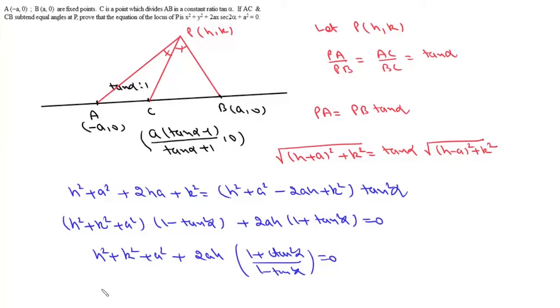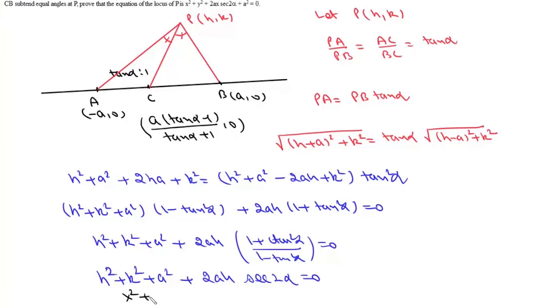So we can write this equation as h square plus k square plus a square plus 2ah secant 2 alpha equals 0. In the end, we'll replace h and k with x and y. So this equation will be x square plus y square plus 2ax secant 2 alpha plus a square equals 0, which is what we need to prove in this question.